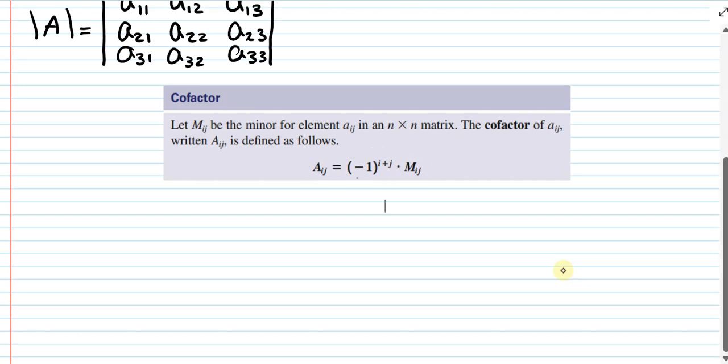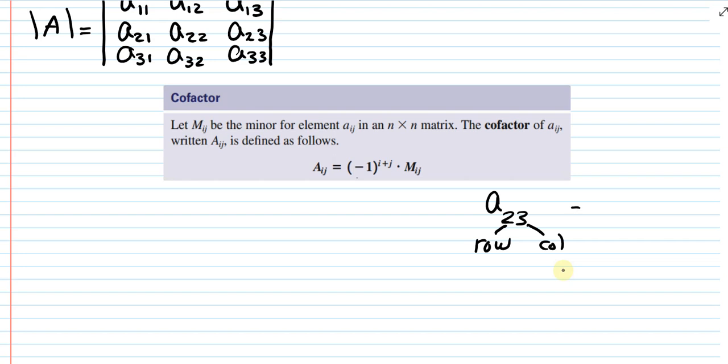Now, a note about the sign here, negative 1 to i plus j. The i and j here are the subscripts for row and column. So, for example, when we go i, j equals 2, 3, that means second row, third column. That's just what the subscript means.